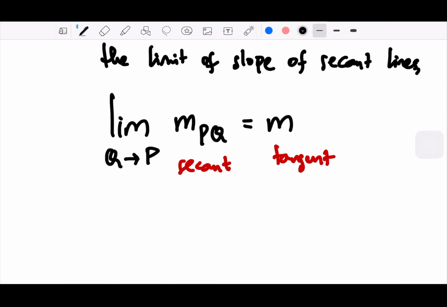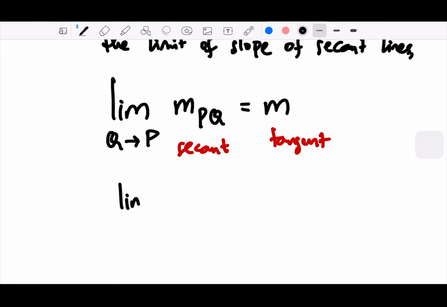So when we have the limit as x approaching 1, according to our problem, the x equal 1, right? Of our secant, this should be 2.